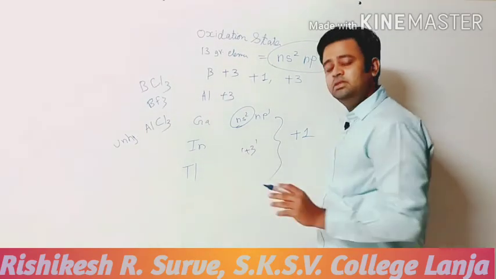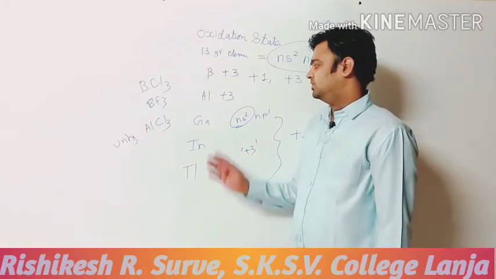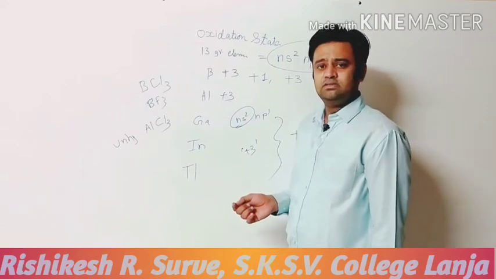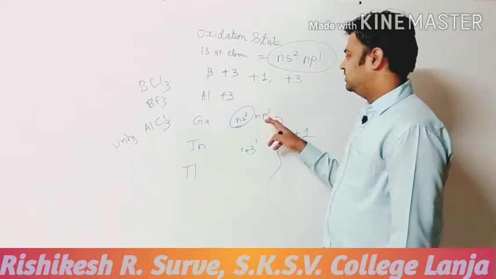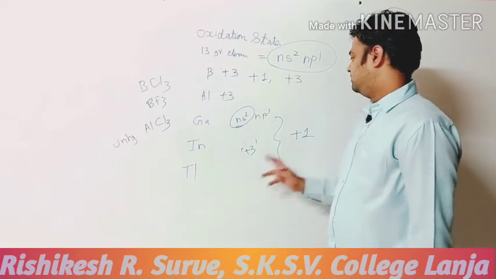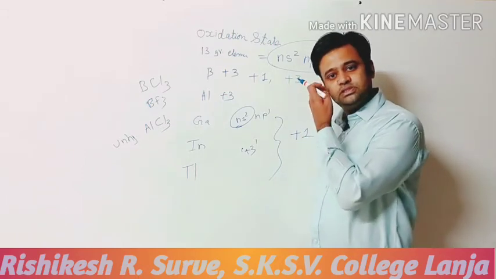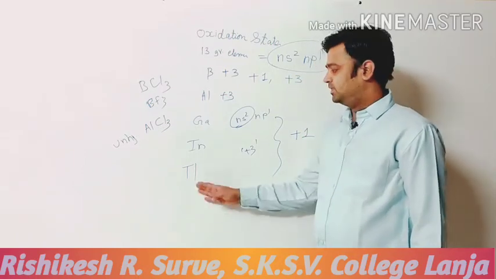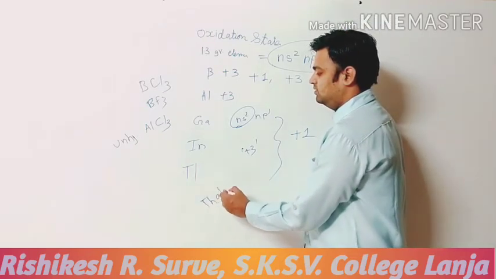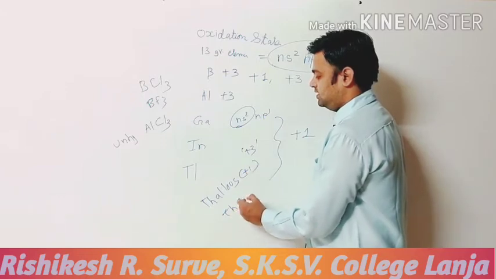No doubt they also show +3 oxidation state, but these two electrons are inert, relaxed, and hence only this one electron takes part in bond formation, and they show +1 oxidation state. For example, thallous and thallic.